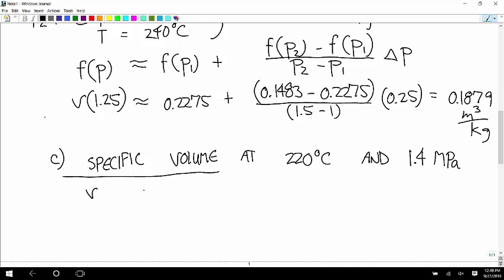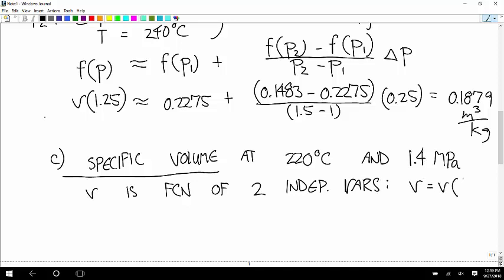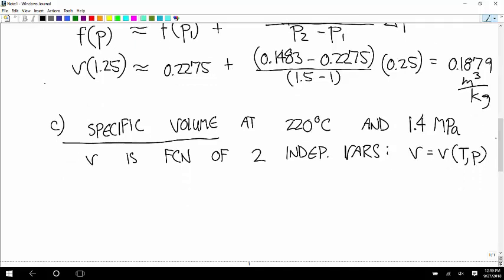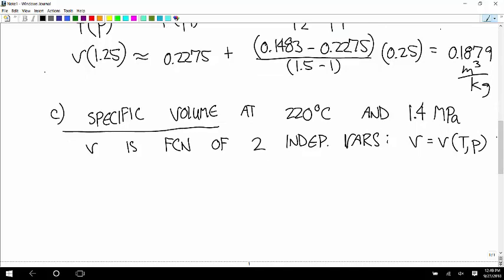So now specific volume is a function of two independent variables. You can think of this as V is a function of temperature and pressure. It doesn't matter which one you think of as the first variable. So I'm going to give the four values that we have. I'm going to do it in this order.